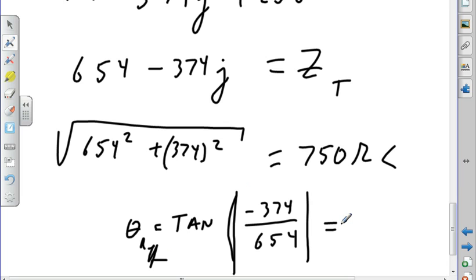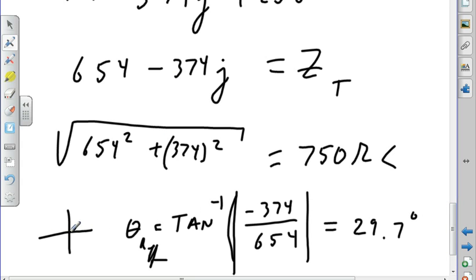Okay, so 374 divided by 654 equals, second function, this is an arctangent. Arctangent of the answer equals, boom. So I got 29.7 degrees.